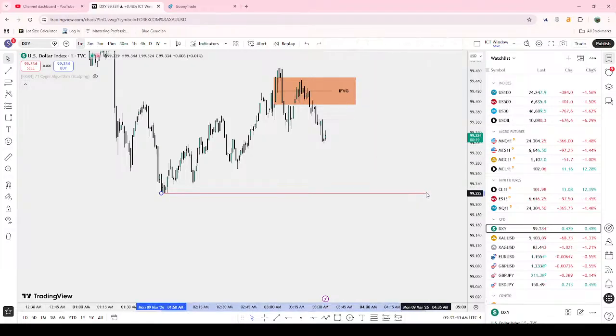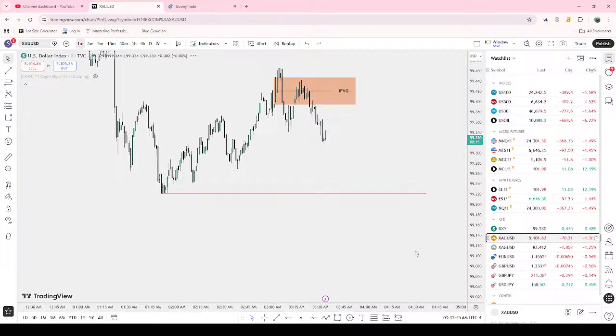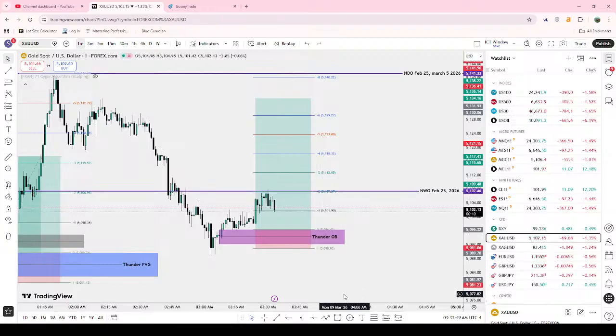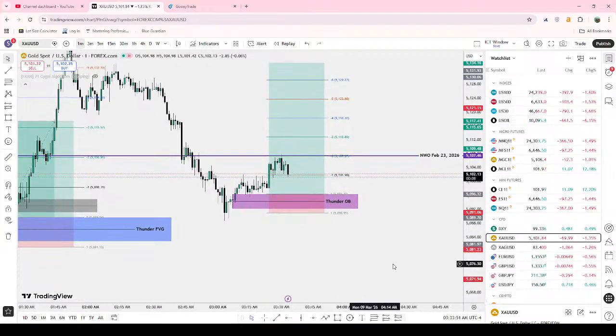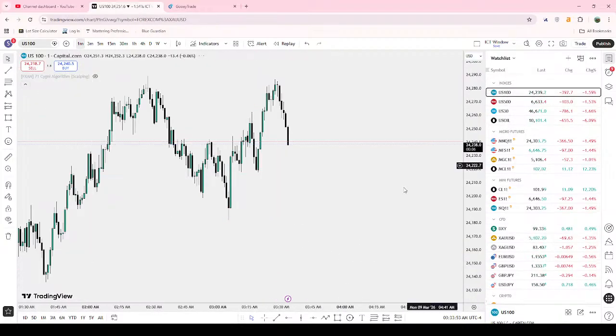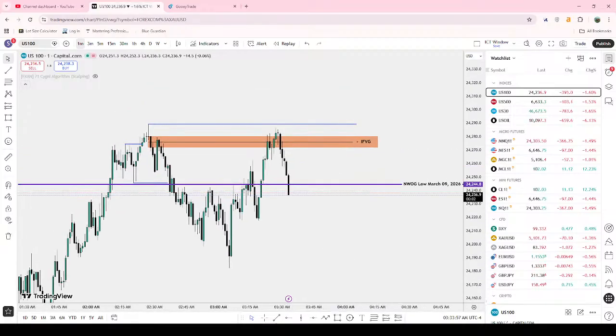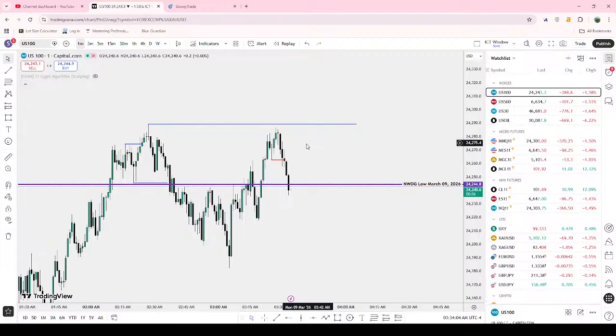Sell side liquidity. If Dixie comes down to take this sell side liquidity, gold will surely go up. But I want gold to come down and take this entry. Looking at US 100. Okay, so we did get a breaker here. We have a breaker here.